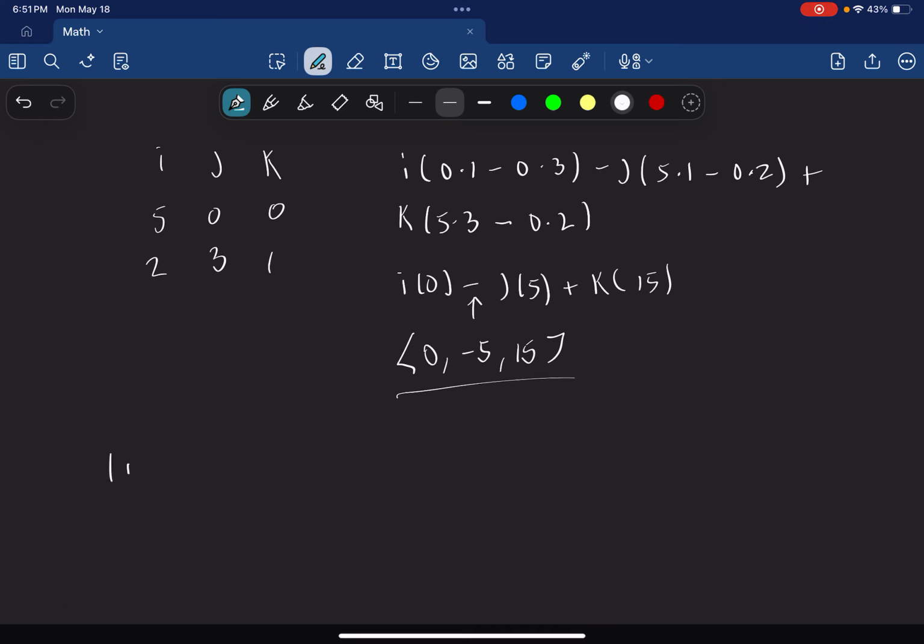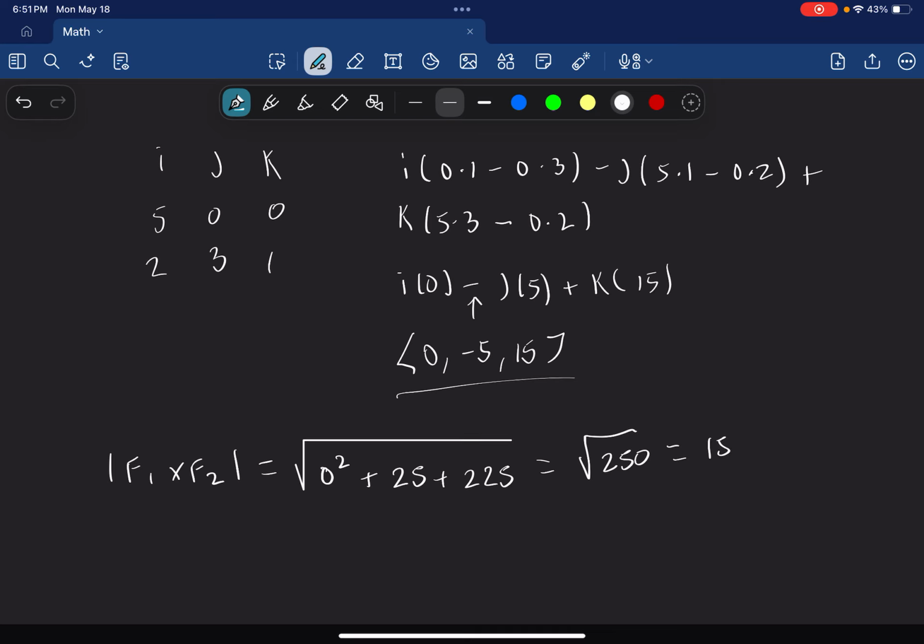So we get the magnitude of F1 cross F2, which should equal 0 squared plus 25 plus 225, which is 250, and that gives us around 15.8 newtons. So this magnitude shows us how strongly the two thrusters cause the spacecraft to rotate. And the larger it is, of course, the more torque there is, or rotation.